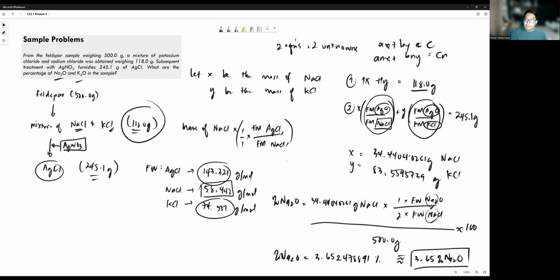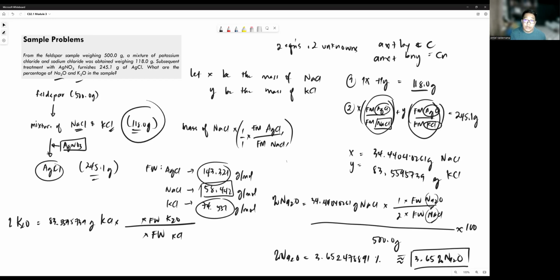Okay, same will be done for your K2O. Percent K2O. So this is just equal to 83.5595739 grams KCl multiply to the GF. So ang formula weight salt natin ay yung K2O and ang formula weight weighed natin is your KCl.